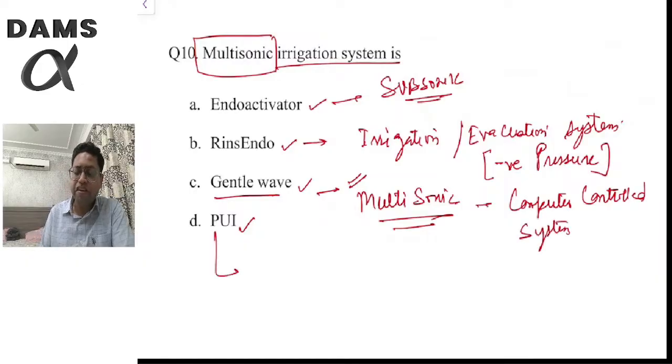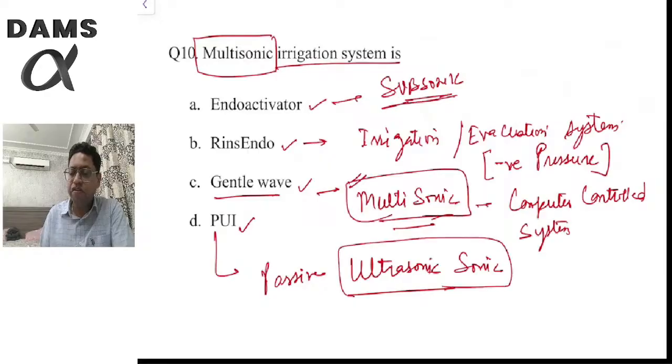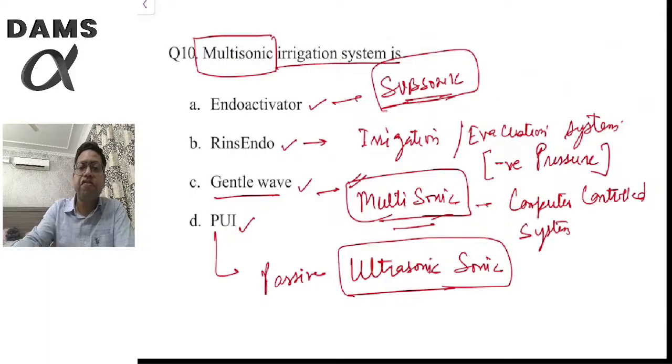And PUI stands for passive ultrasonic irrigation. So ultrasonic, subsonic, and multisonic. Three modes of sound waves are used for different irrigation systems: subsonic, multisonic, and ultrasonic. The example of subsonic is endo activator.